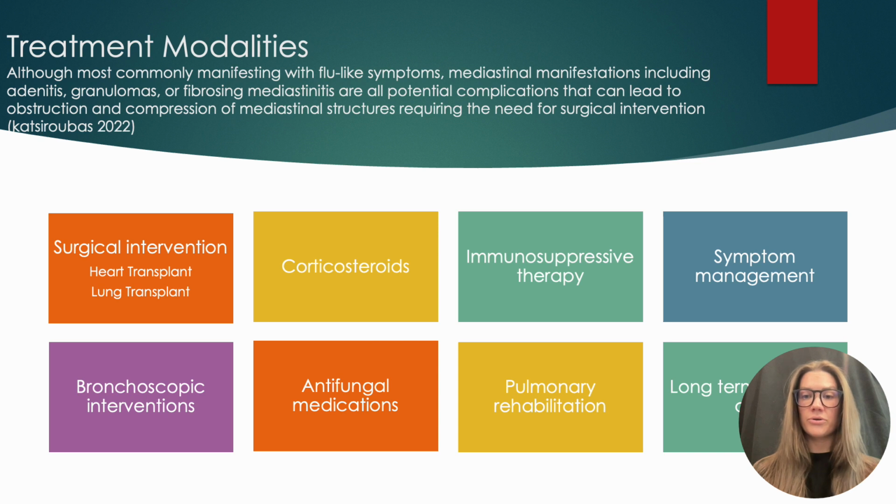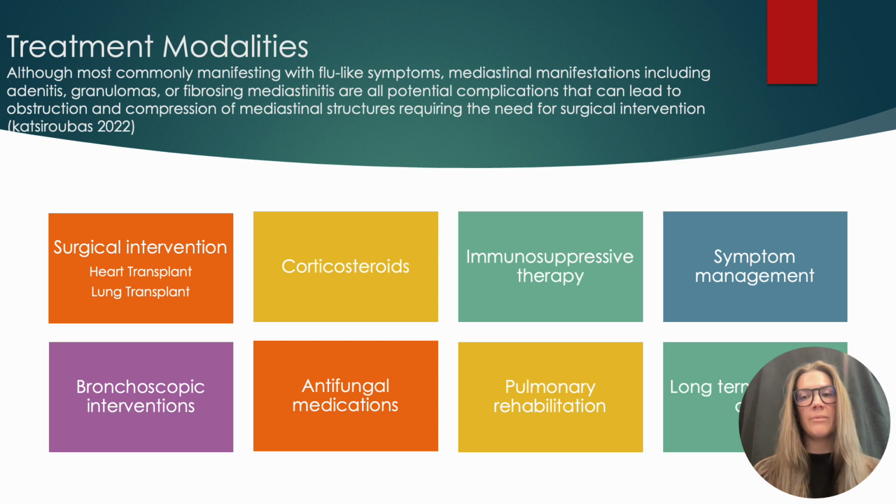Others are corticosteroids, immunosuppressive therapy, symptom management for the flu-like symptoms in the beginning, bronchoscopic interventions, antifungal medications, pulmonary rehabilitation, and then just long-term follow-up care for life, more than likely.